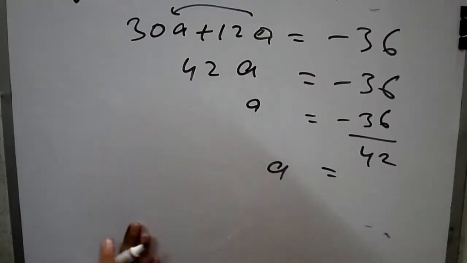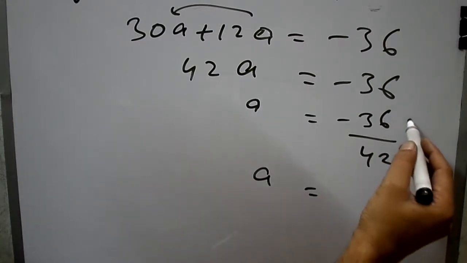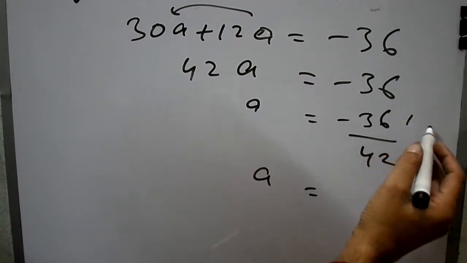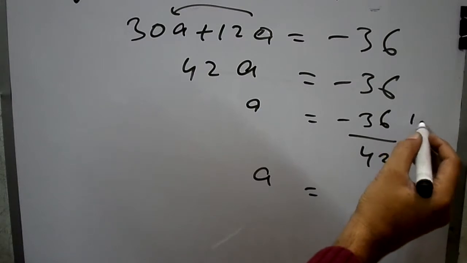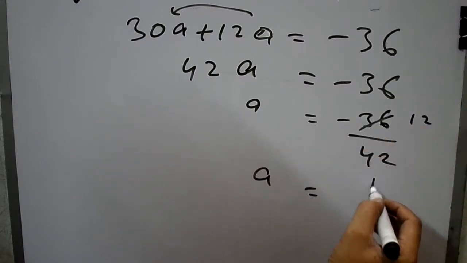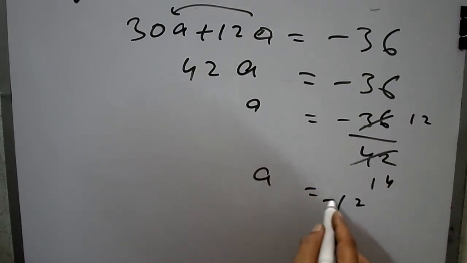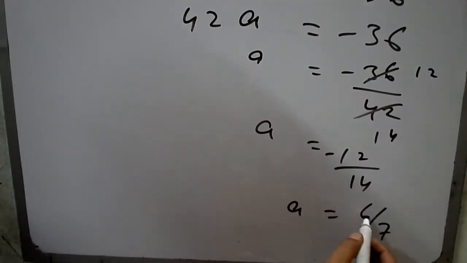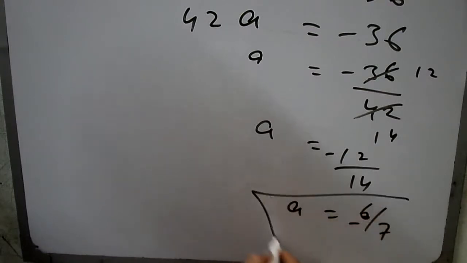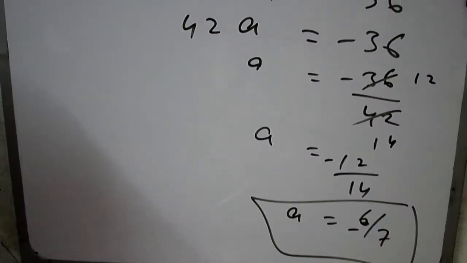So divide it by 2, 2 ones are 2, divide by 3, 3 ones are 3, 3 fours are 12, so you will get minus 12 by 14. But by using the tables of 2, 6 twos are 12, 7 twos are 14, so minus 6 by 7 is your required result.